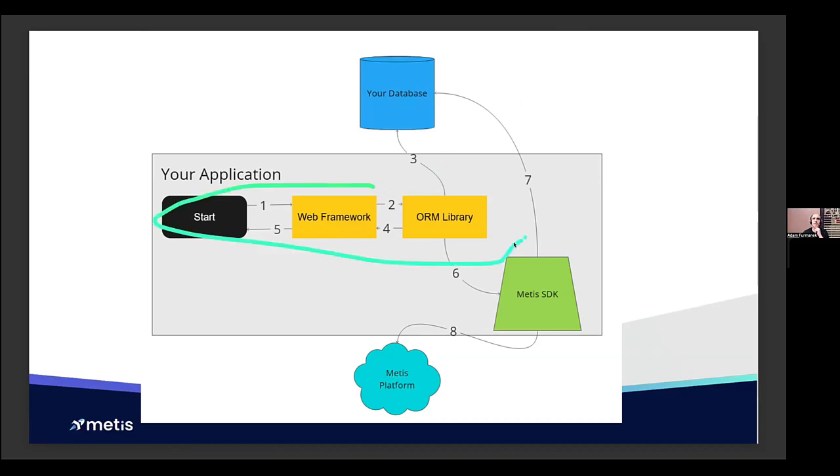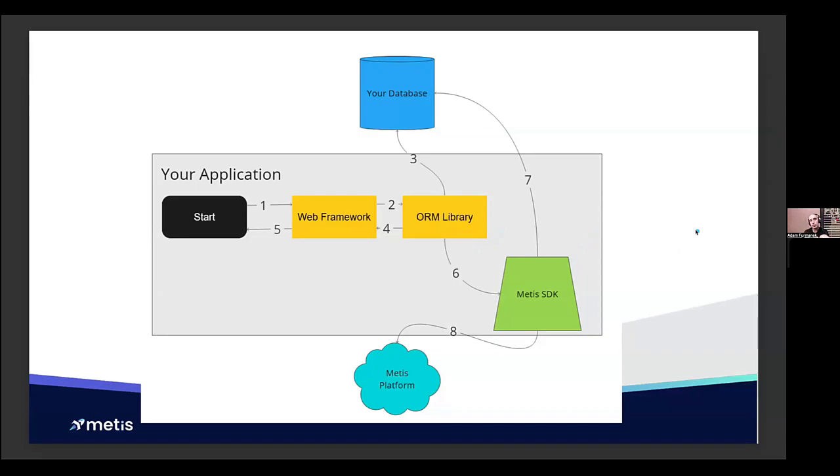So you have this application that does all of this magic and basically covers everything you generally have. Now, what we add with Metis is we want you to install basically a tiny SDK. You do pip install, and what this SDK is doing is integrating into your ORM library, that could be SQLAlchemy or whatever else, and tries to hijack those queries, in the sense that it wants to get a hook when a query is being executed.